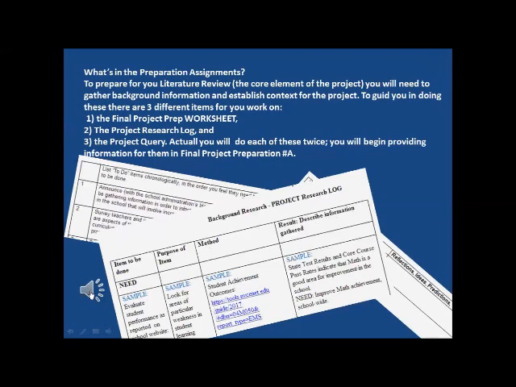And that includes the literature review and beyond. So the worksheet basically is a listing of all of the things you think you'll have to do and the order you're going to do them in.